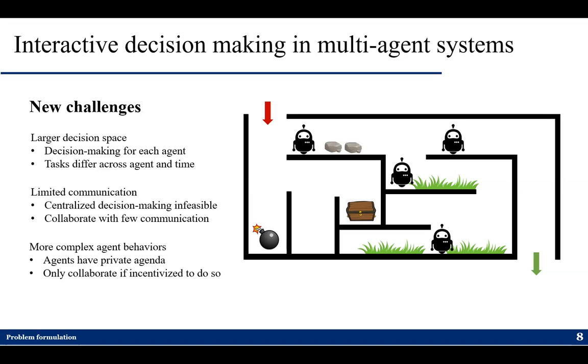You have these actions and rewards and an environment, but instead of just one agent, now you have multiple agents. Yes, this is captured by multi-agent RL. We can say this is a specific case of a stochastic game.